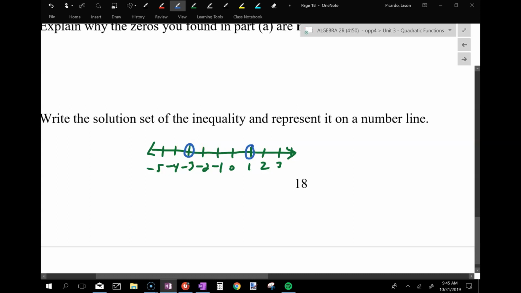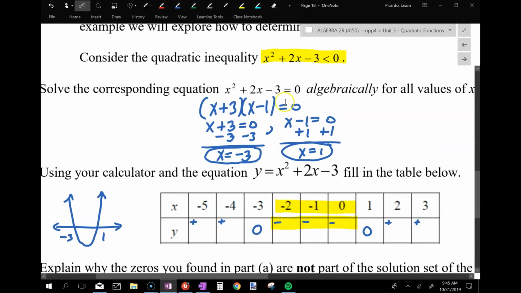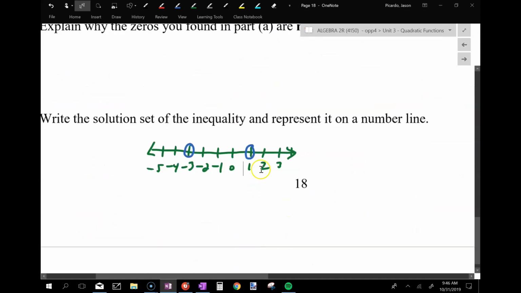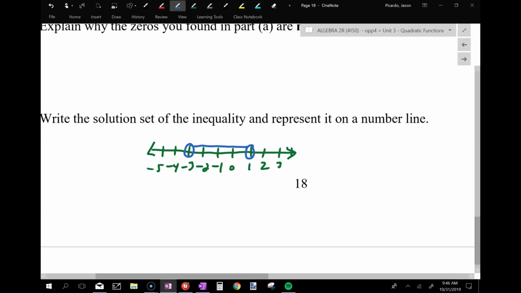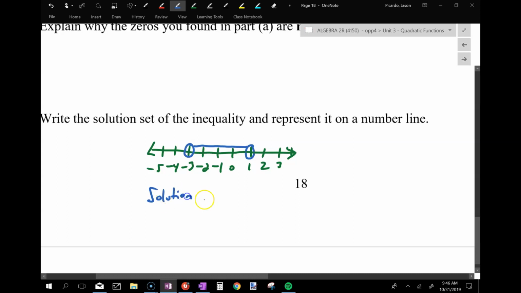Why did I put open circles on that? Because what did I say about this inequality? I said that I have to be less than 0. Less than 0 means I can't equal 0. And in math, I fill in circles if I want to equal something, right? And then you guys agree that it was everything that was what? Between those values, right? Were I to write an interval of solutions, the solutions began at -3, but didn't include it.